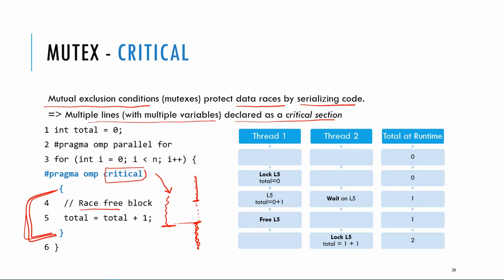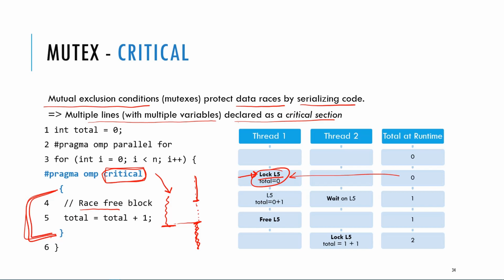So what would be the effect? Even if at a certain moment thread one only has the time to initialize this variable with zero, and there is a scheduling interruption that gives the execution to thread number two, because the section has been declared as critical, thread number one has already locked this block of code, already locked line number five.